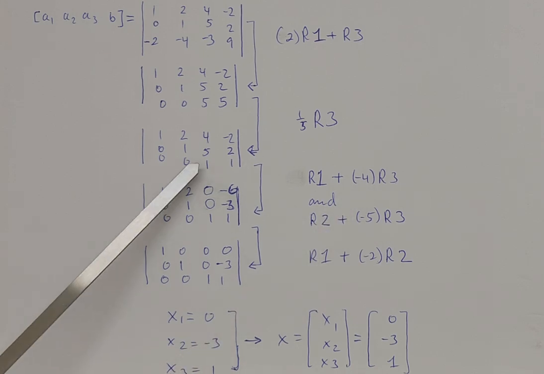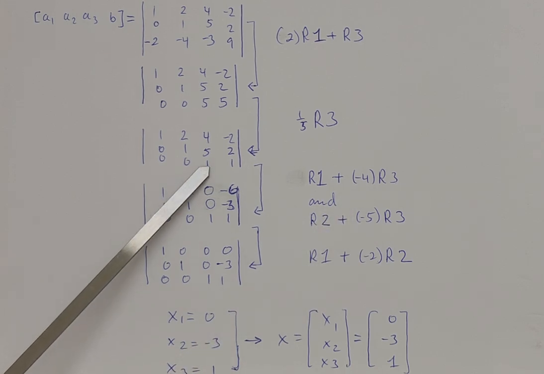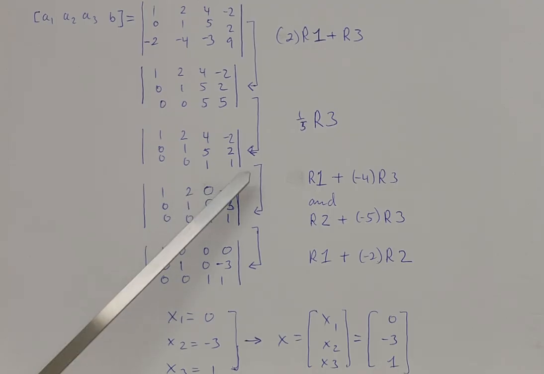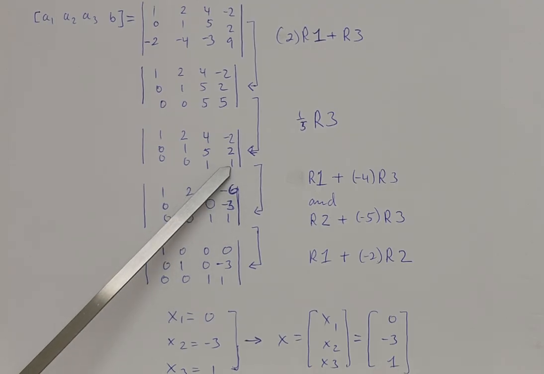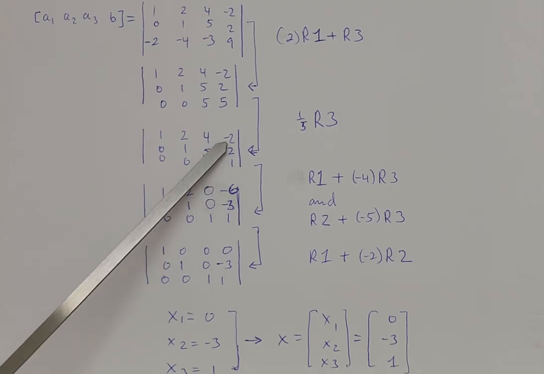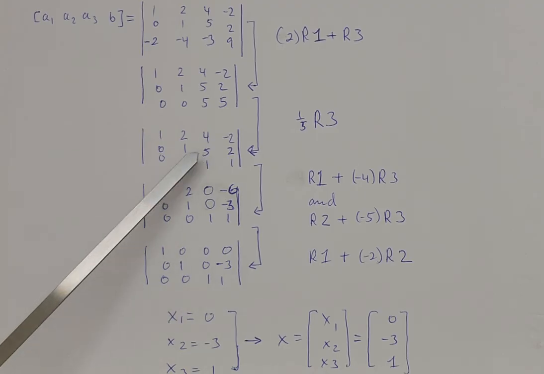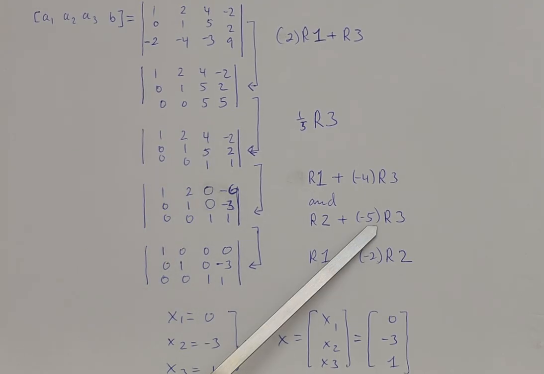So -4 times 1, which is -4, plus 4, 0. -4 times 1, which is -4, plus -2, -6. Okay. Next, we need this 5 to become a 0. So the opposite of 5 is -5.